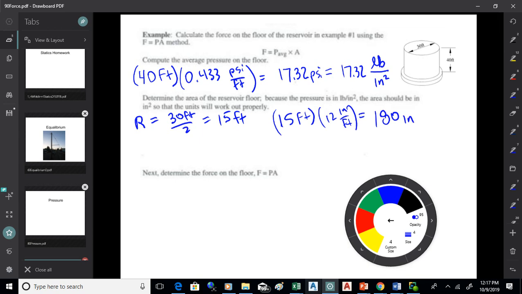So 15 feet times 12 inches per foot is 180 inches. That's the radius of the floor in inches. So are we doing all right with that? So find the area of the floor in square inches. That's the next thing to do.